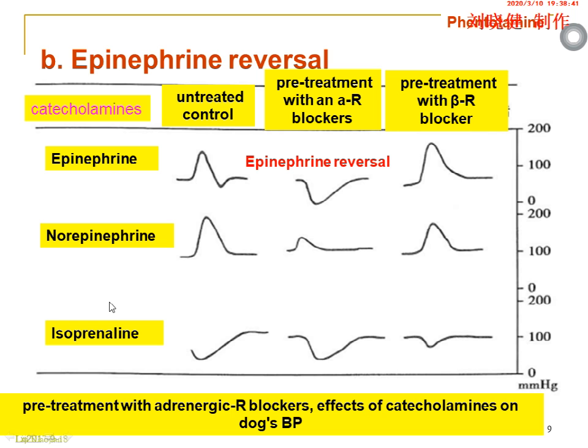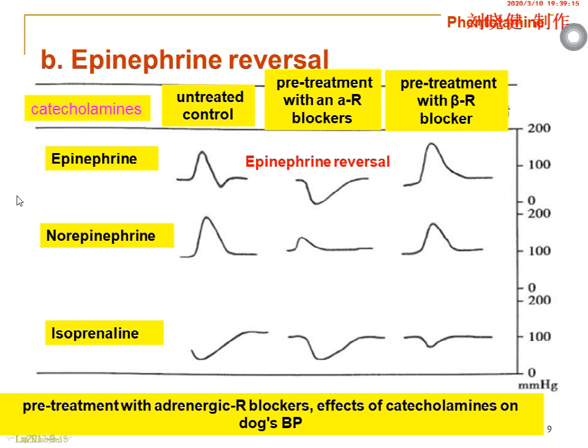It means before administering these catecholamines, first use these alpha receptor blockers, and then the blood pressure change caused by these catecholamines will be like this. This is pre-treatment with beta receptor blockers, and then administering one dose of these catecholamines, the blood pressure changes like in these curves.